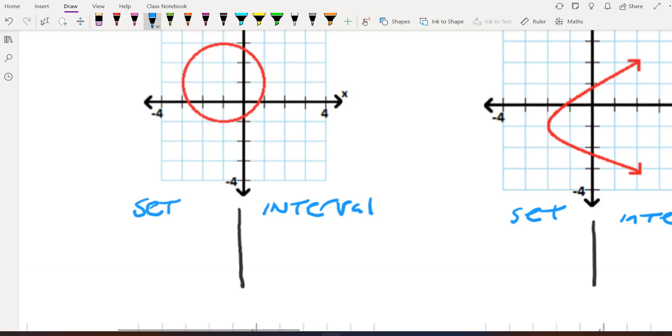We'll start off with that circle, and we're going to talk about domain first, which is our x values. What is the smallest x value that I can have for this graph? Negative 3. Yeah, the smallest x value is right here.